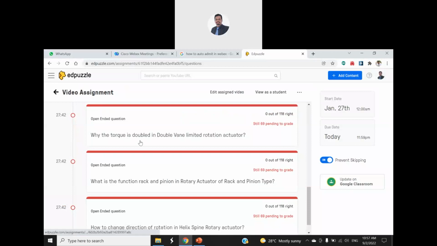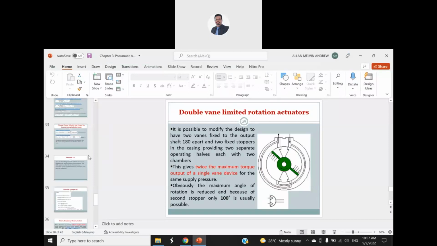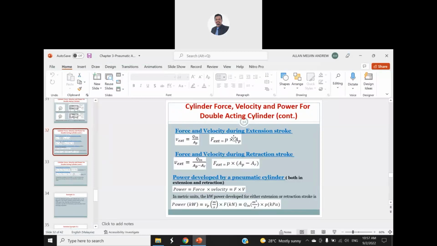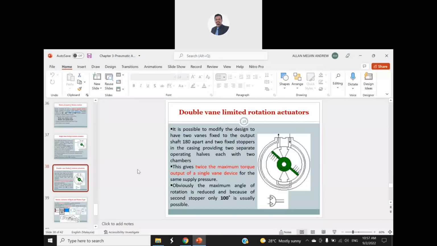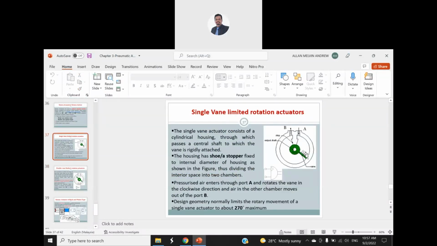Okay, so I will give you the answer. Previously we have also seen in the calculation that force is related to the area of exposure. In the double vane, you have two sides of vanes, so the force is applied to twice the area of a single vane. The single vane is only hit on one side. So let's say it's only 10 square centimeter.